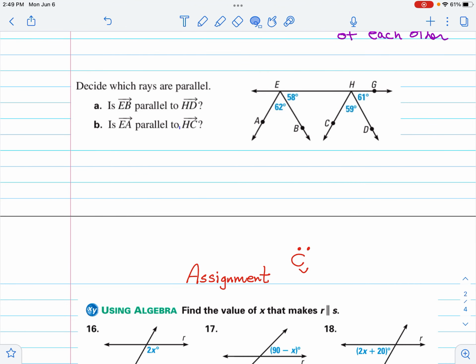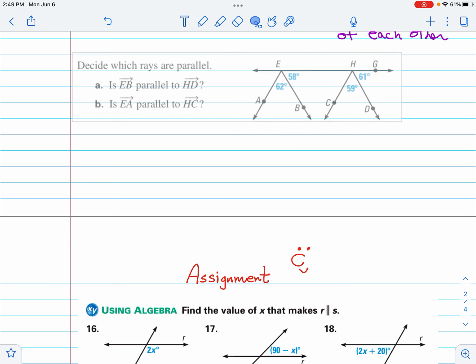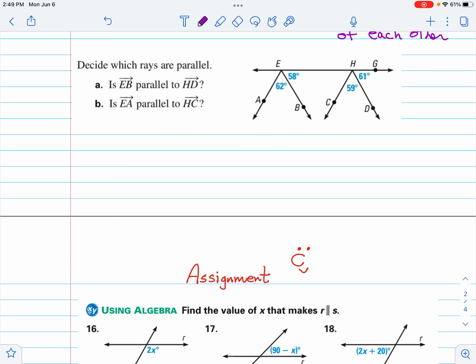Now let's look at some of the non-proof things that we'll do with this section. It asks this question, is the ray EB parallel to HD? In other words, here you have EB, and we want to know if that's parallel to HD. Well, you could extend this line out, and then you can see you have lines cut by this transversal right here.